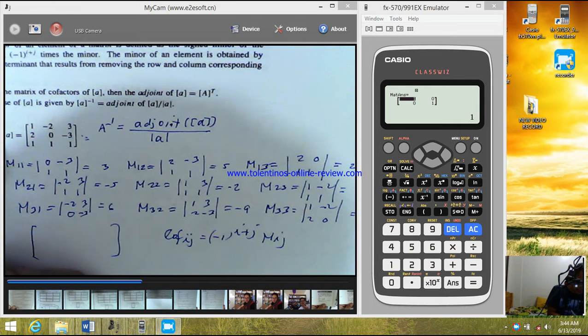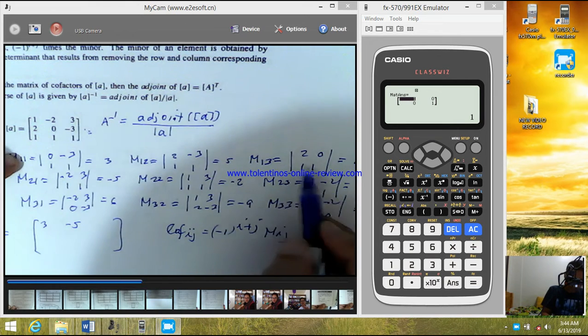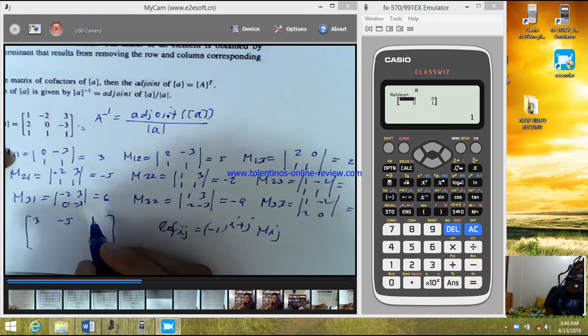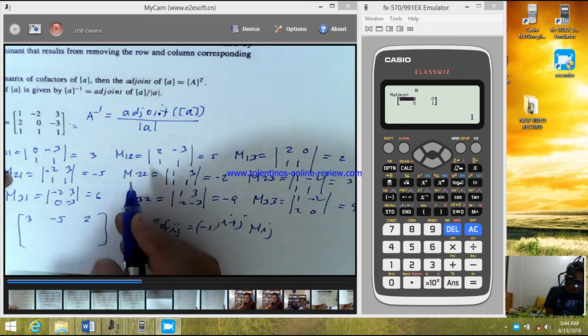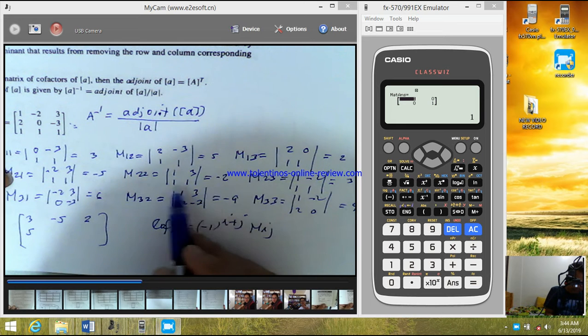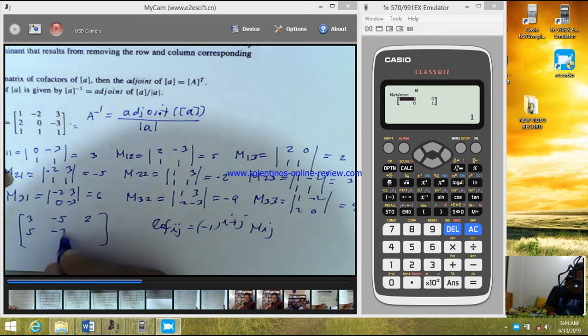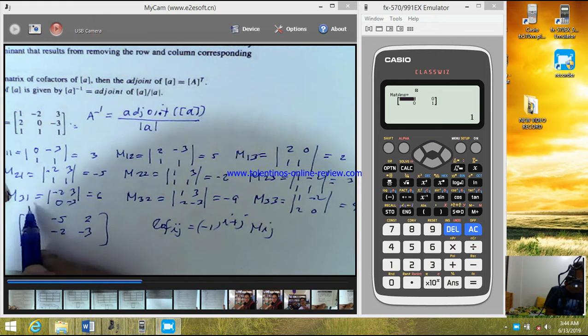Let us get the cofactor of matrix A. Minor 1, 1 is just 3. 1 plus 2 is odd, so it will be reversed. 1 plus 3 is 4, so it's positive. 2 plus 1 is odd, so negative 5 becomes positive 5. 2 plus 2 is even, so negative 2. 2 plus 3 is odd, so this is negative 3. 3 plus 1 is even, so this is 6.